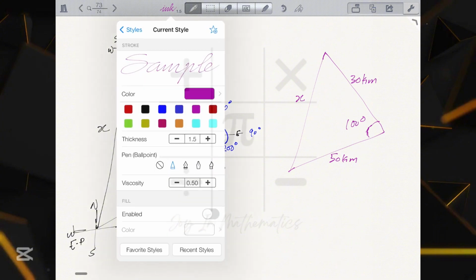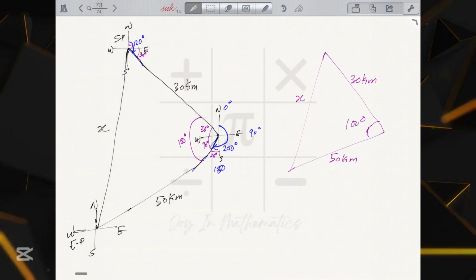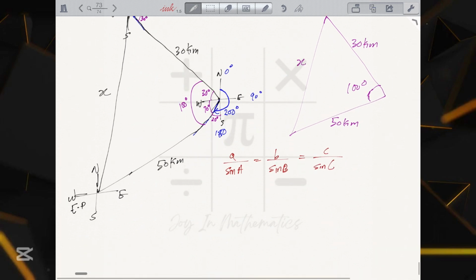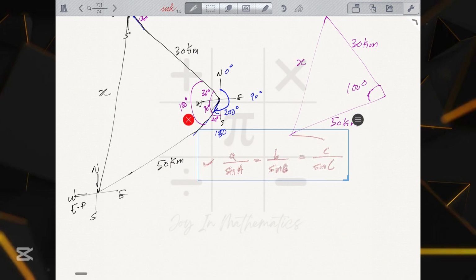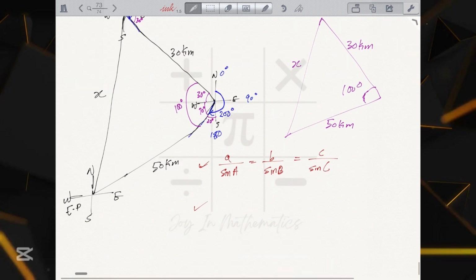In sine law we have a divided by angle A is equal to b divided by angle B, which is equal to c divided by angle C. But sine law works when we have two angles and one length. In cosine law, we have c squared is equal to a squared plus b squared minus 2ab cos C.